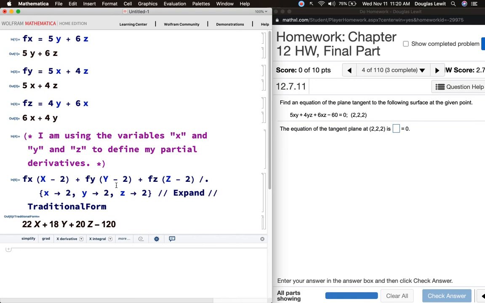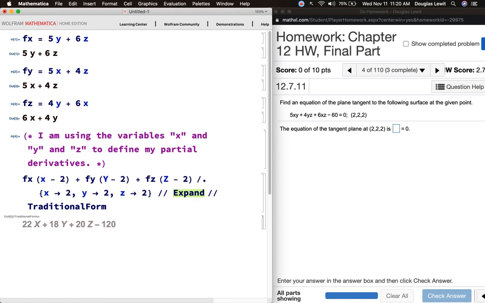So what we have, now see the thing is if I had used lowercase x, lowercase y, lowercase z, this entire thing, I think, would expand to 0, because 2 minus 2 is 0, 2 minus 2 is 0, 2 minus 2 is 0. I'll show you. That's not going to be pretty.